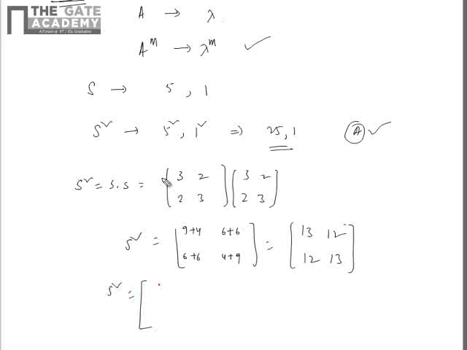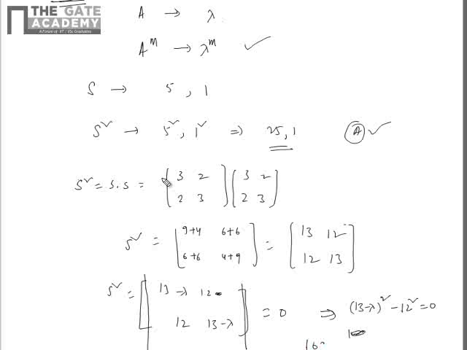Now we need to find the eigenvalues for this. So it is 13 minus lambda, 12, then 12, then 13 minus lambda, and the determinant of this has to be 0. This implies 13 minus lambda whole square minus 12 whole square is equal to 0. If you expand, this is 169 plus lambda square minus 26 lambda minus 144 equal to 0.